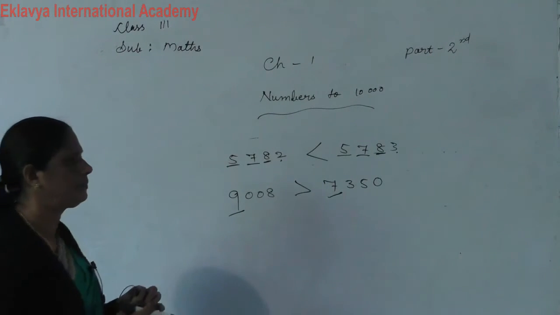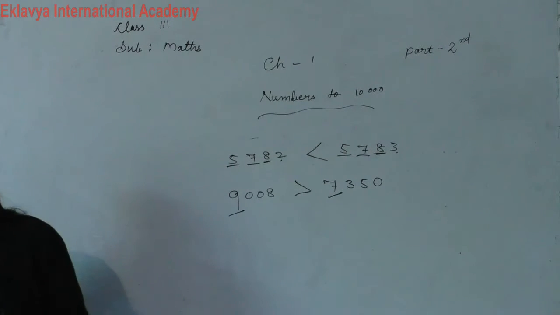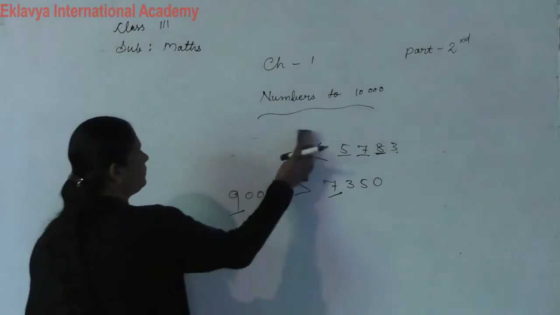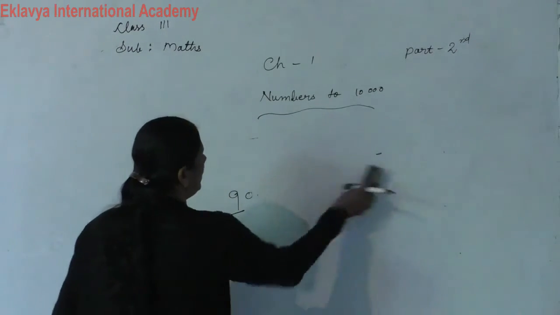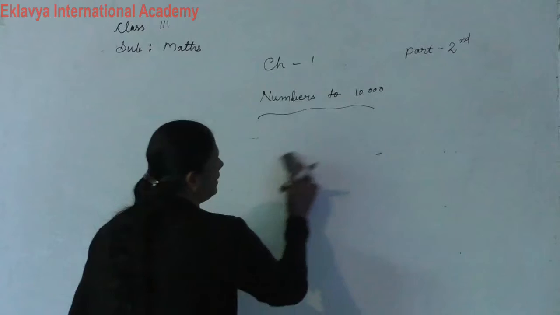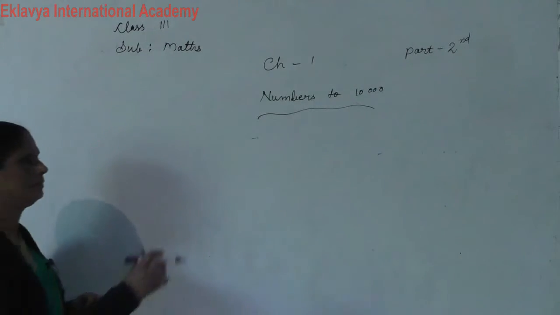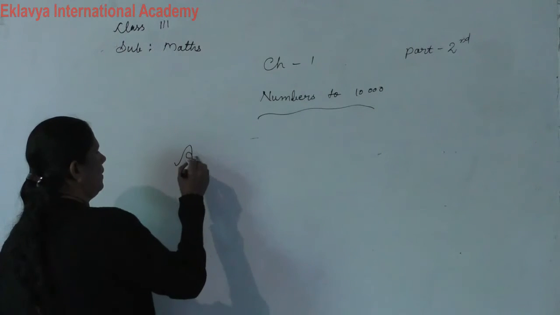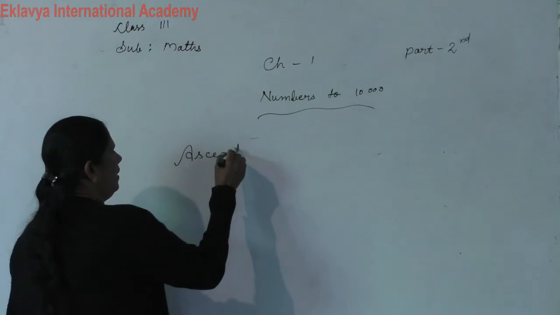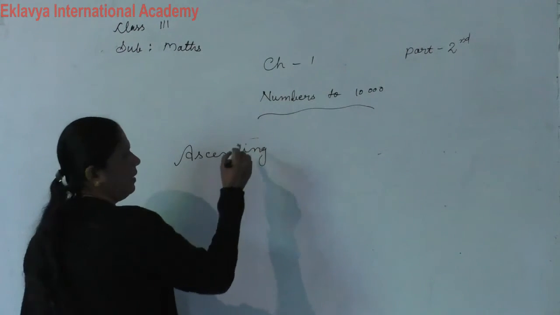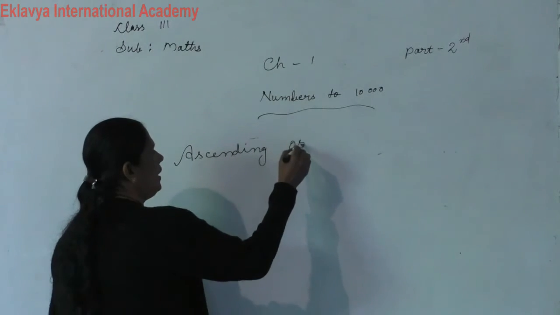Then next, ordering of numbers. In ordering numbers, there are ascending and descending orders. Ascending order.